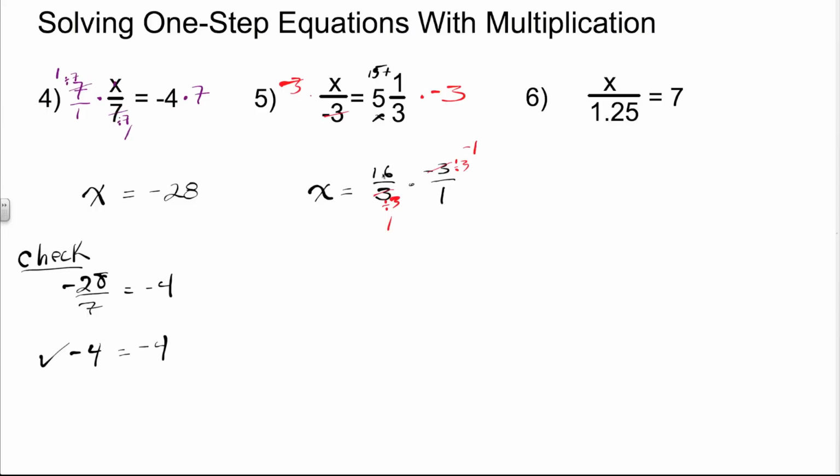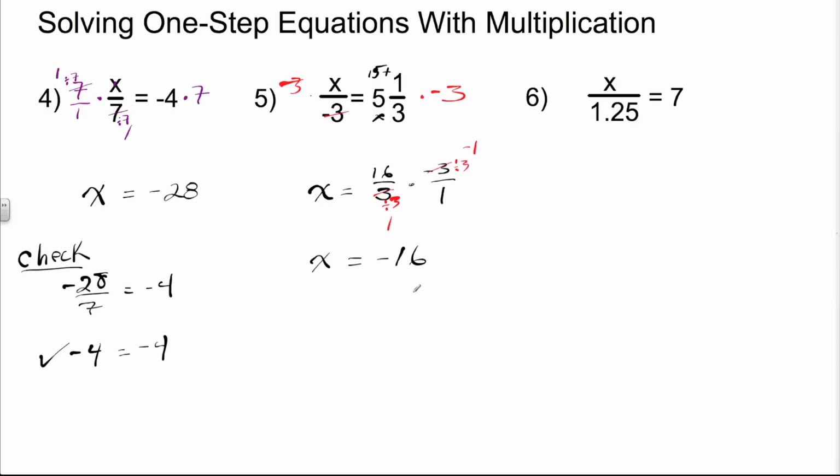Then we multiply numerator to numerator, 16 times negative 1, which gives negative 16. And 1 times 1 gives us 1. Negative 16 over 1 is the same as negative 16. So our solution here is x is equal to negative 16.